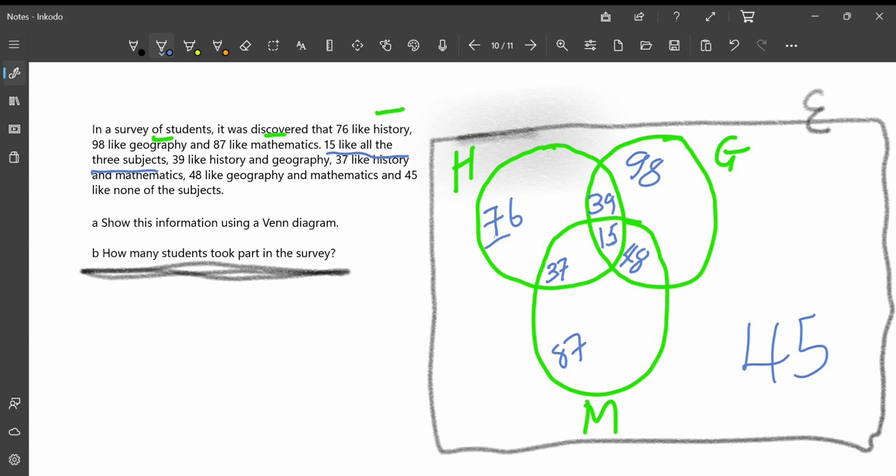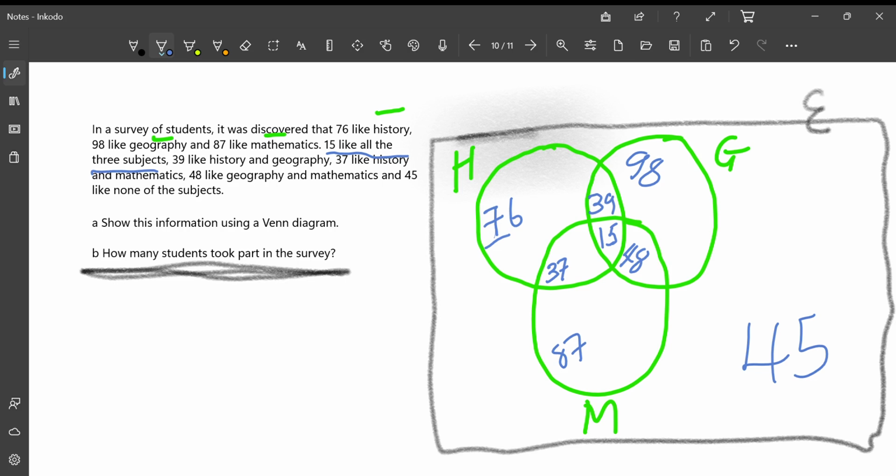So you have to know the people that like only history by subtracting those that like other subjects apart from history. So I need to be able to find the number of persons that like only history. I also find another number that like only geography, and another that like only mathematics. So how do I go about doing that?